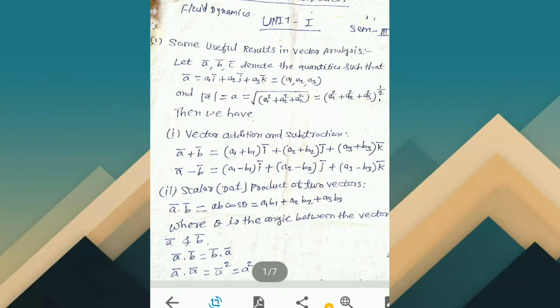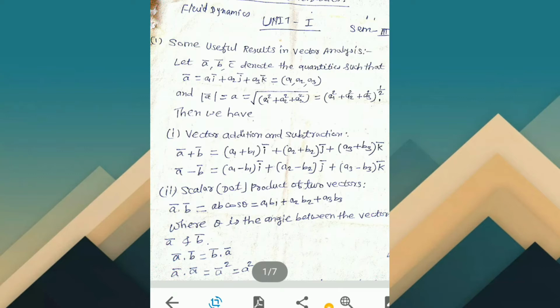And for subtraction, A bar minus B bar is equal to (A1 minus B1) i bar plus (A2 minus B2) j bar plus (A3 minus B3) k bar.